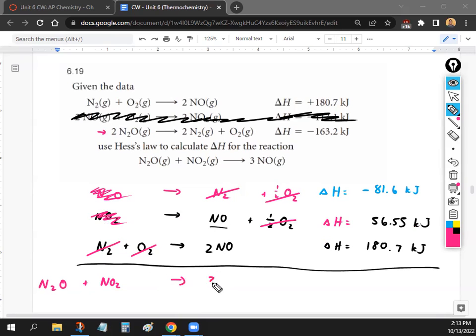If you notice, we have 3 moles of NO, and this is the exact same reaction that we are looking for. So there you go. This is going to be our final reaction. All we have to do now is add up the enthalpies. We're going to add negative 81.6 with 56.55 with 180.7, and that will give us a final enthalpy of 155.65. So that is the enthalpy of this reaction.